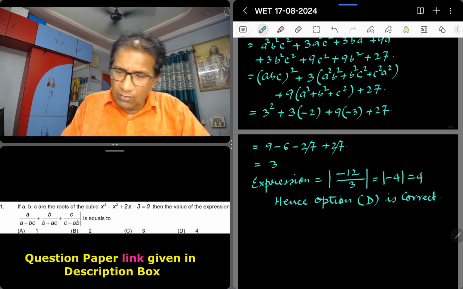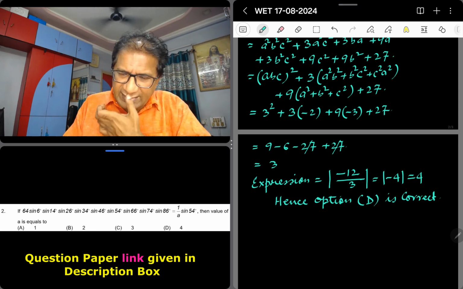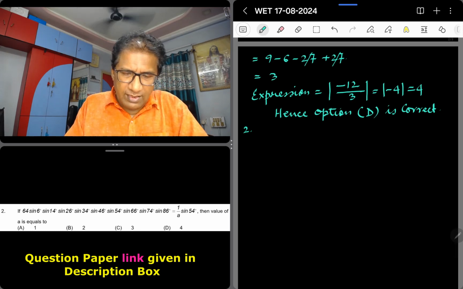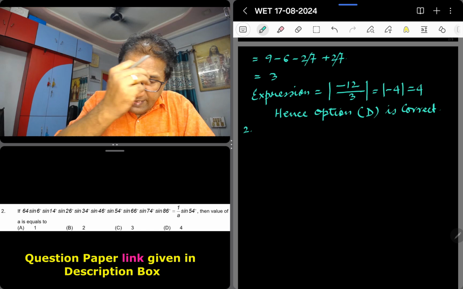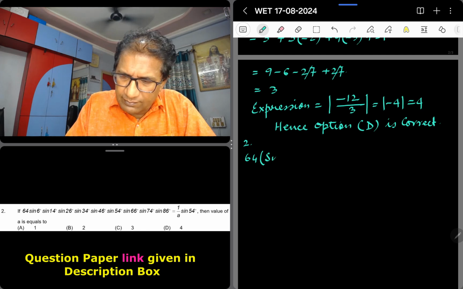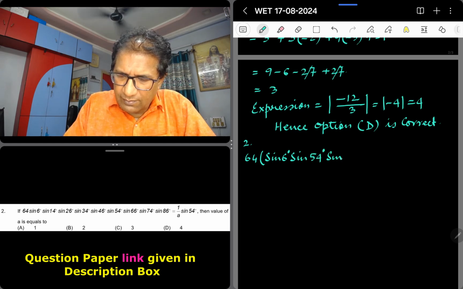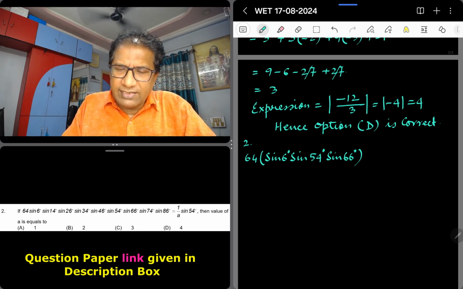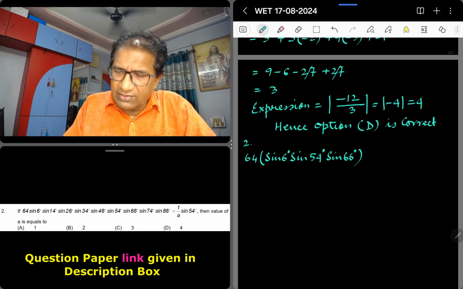Is it clear? Okay. Now the second question. Now in the left hand side, let me just make a group of sine 6 degree, sine 54 degree and sine 66 degree.